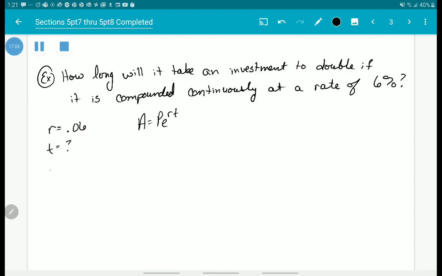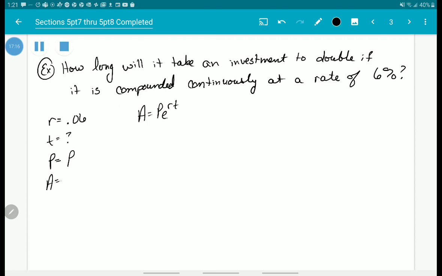So let's say that principal amount, let's just be very generic. Let's call it P. We could use $1 here, or we could use $100. But I'm going to be generic because I want to show you what's going to happen with the variables. So if we're starting with an amount P, then if we double that, then we're going to have 2 times P. So let's take all of this information and substitute it into this formula.